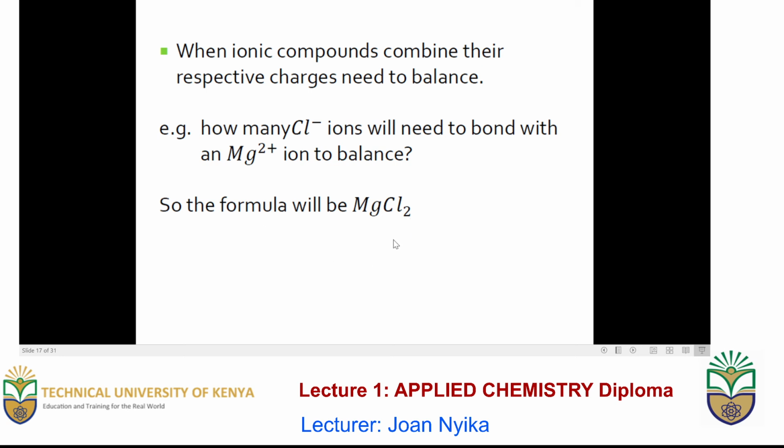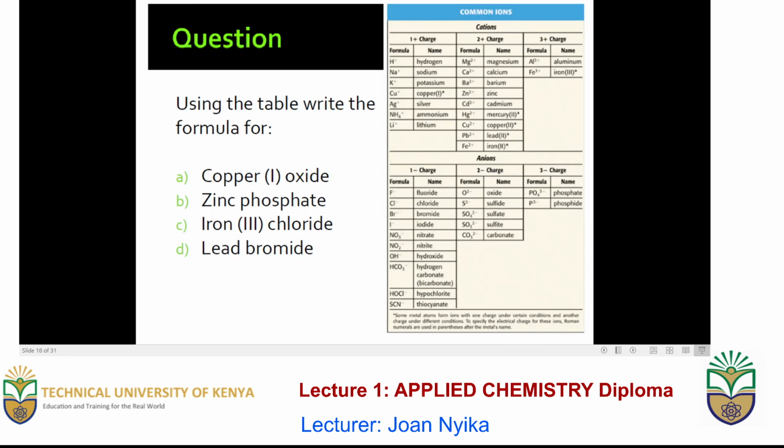That is why, in the case of magnesium, which has 2 electrons to lose in its ionic form, it must bond with 2 chlorides because chloride has only 1 charge. So for the charges to balance out, we require 2 atoms of chloride in their ionic state.